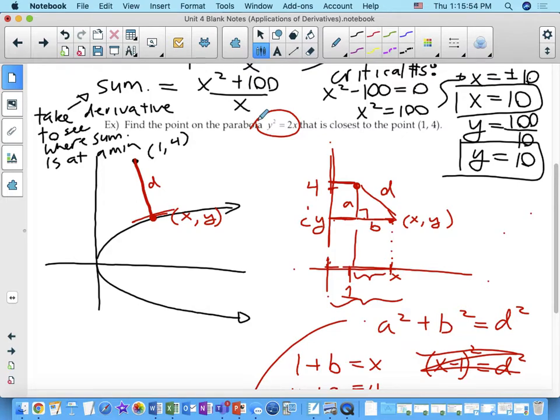I could solve for y, or I could solve for x. Now if I solve for y, that's going to get a little dicey because I'm going to have to take square roots, and I'm going to have a positive and a negative. So what I'm going to do instead is solve for x. I'm going to isolate x.